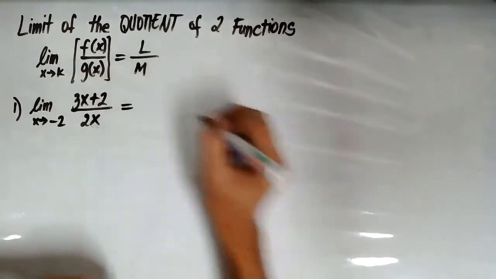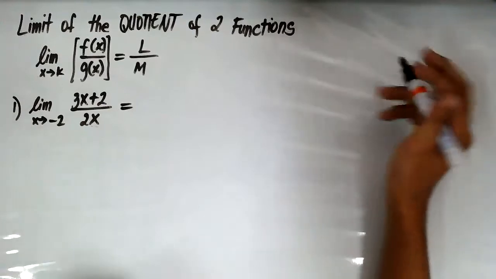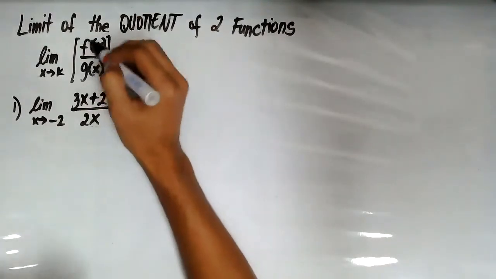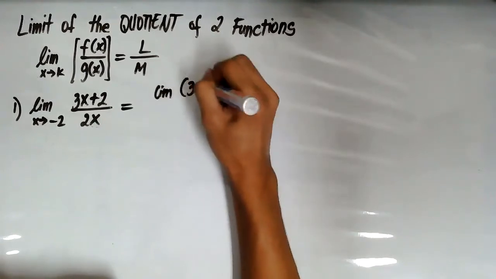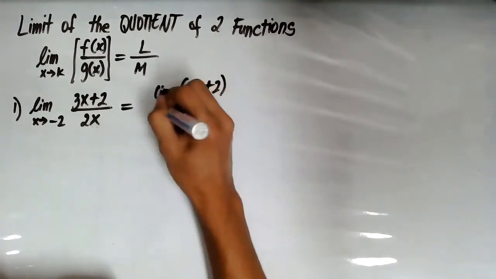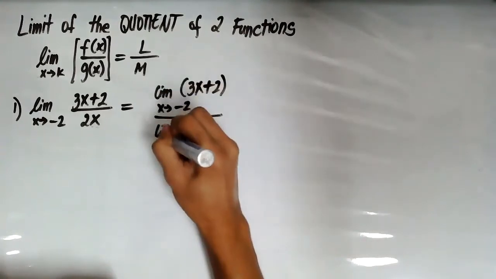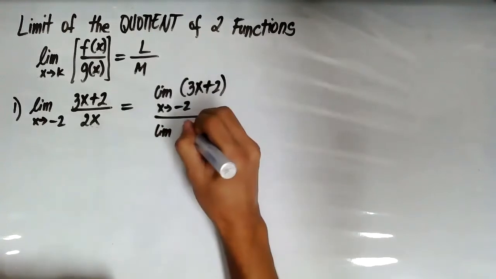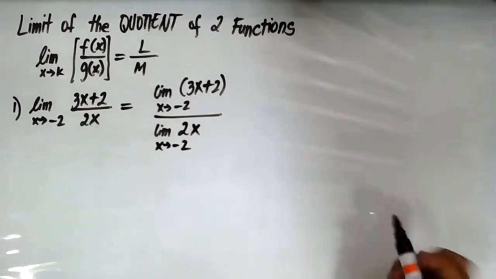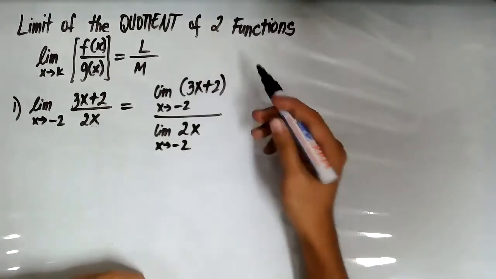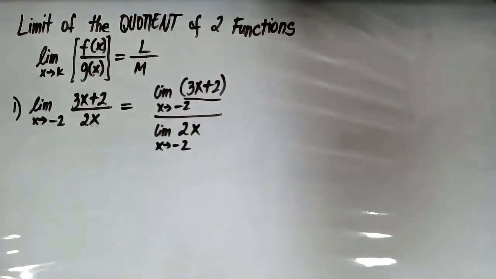All right, so here we're going to apply the law of the quotient of two functions. First get the limit of your function f, which is the limit of 3x plus 2 as x approaches negative 2, all over the limit of your function g, which is 2x as x approaches negative 2. In function f, we can use the sum and difference law, so we can expand it to get their individual limits.